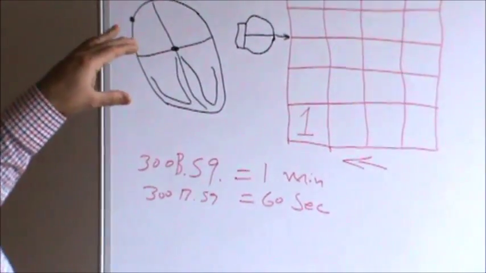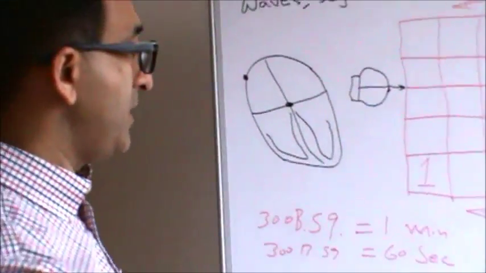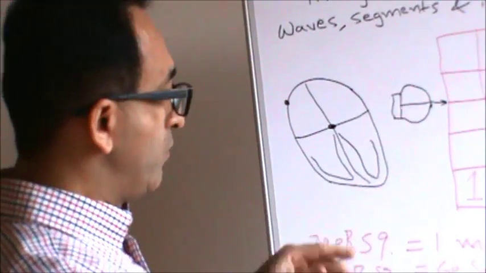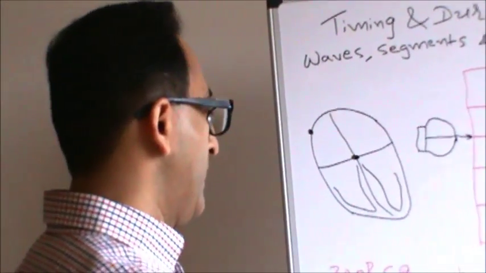So whatever activity happens in the heart gets recorded graphically on the ECG paper, and it moves actually 300 big squares.